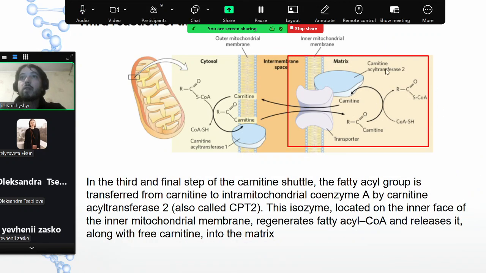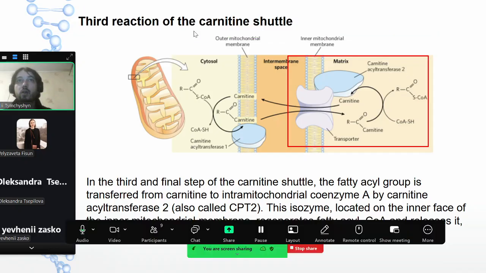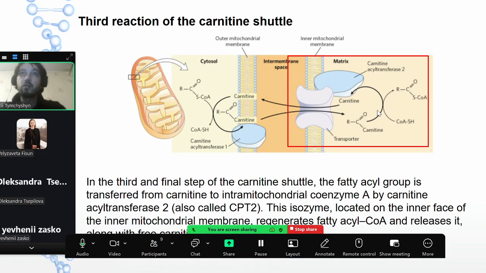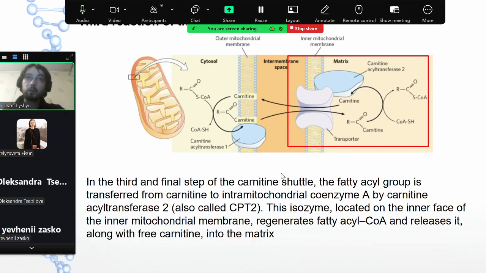In the matrix of the mitochondria, this is the same image we had. I have just moved this square to show you that we are now at the third stage, the third reaction of the carnitine shuttle. That's the final step of the shuttle. You might guess that we have already transported everything inside.